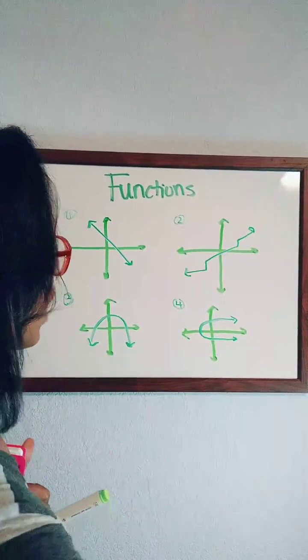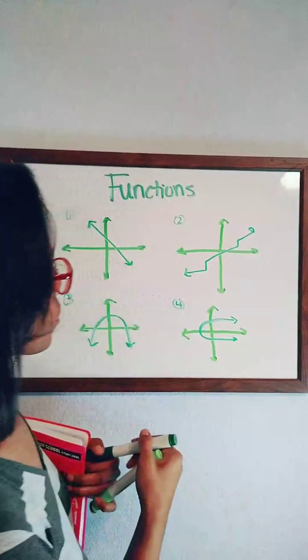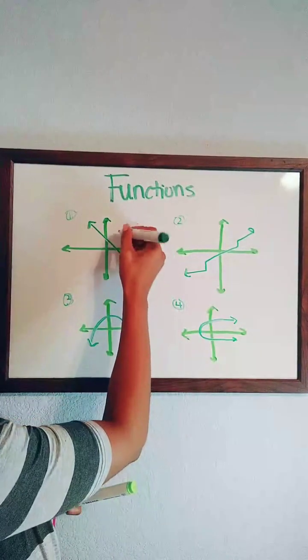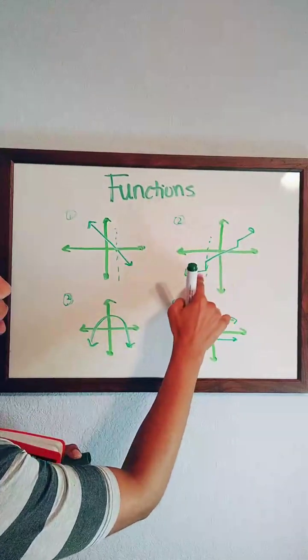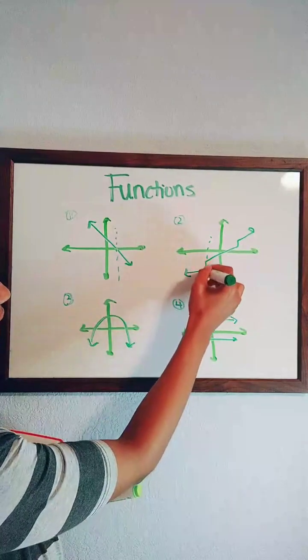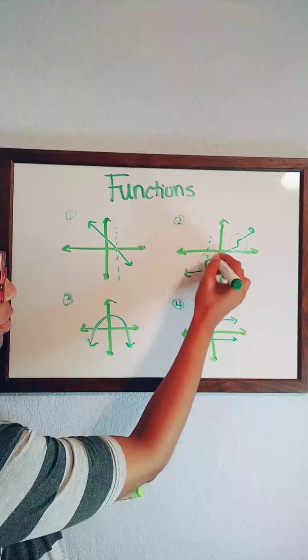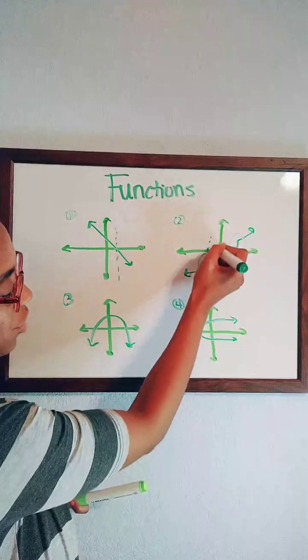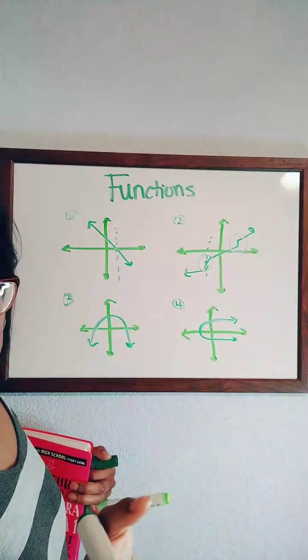Okay, so this one I drew a little crazy. I wasn't sure if y'all were going to be able to see it or not. So this one passed the vertical line test. Unless this is at a slant, it wouldn't pass it. This right here is skeptical. The way I was trying to draw it was that it would go like that, so it wouldn't be. But y'all get the point.